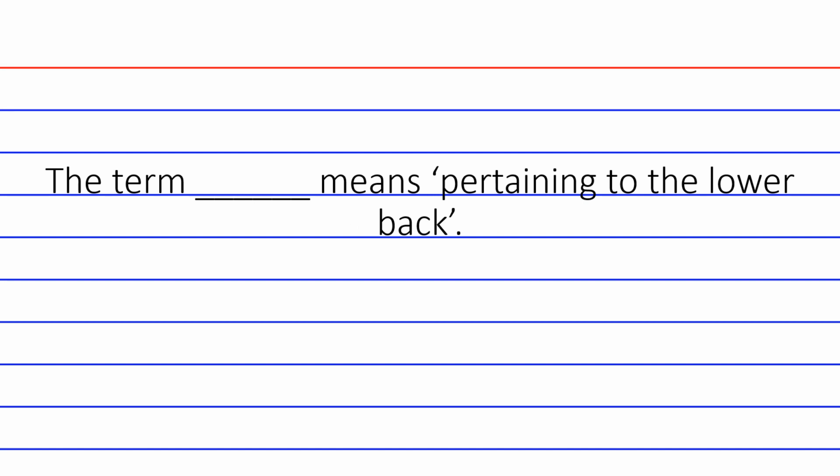This term means pertaining to the lower back. The answer is lumbar. This is where your lumbar vertebra are located, and so that is your lumbar region.